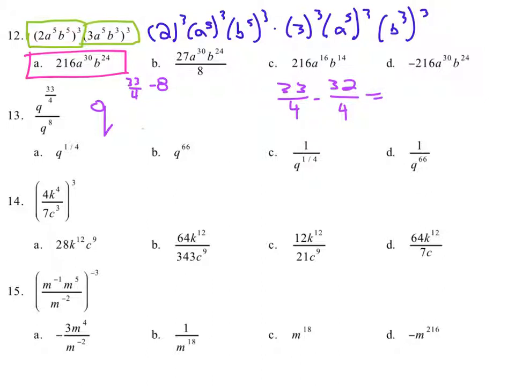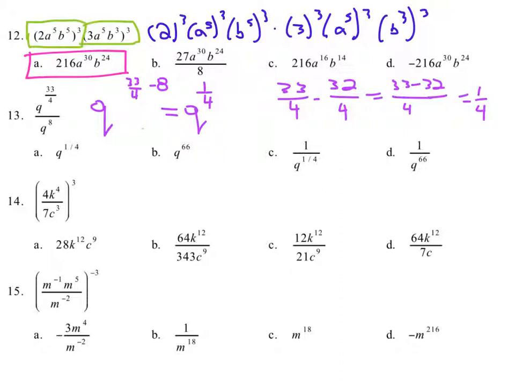So then we can say, okay, now that we've got fourths, we're going to do the numerators, 33 minus 32, all over a single denominator of 4. And what does that work out to be? That works out to be 1/4. So then we've got, as an answer, q to the 1/4 power.